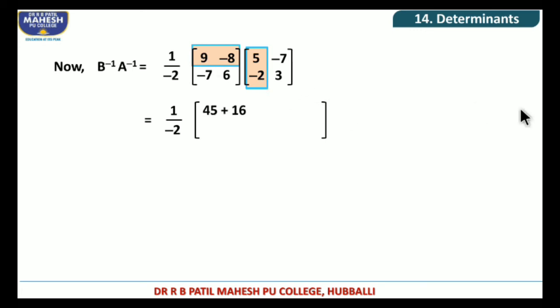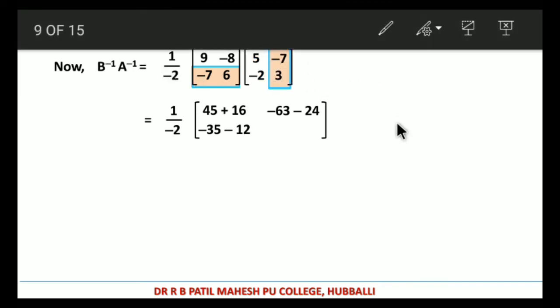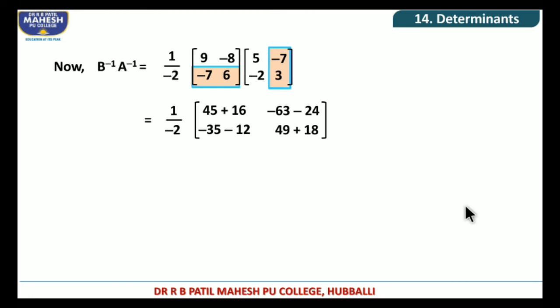Next, the first row and second column: 9 into minus 7 is minus 63, and minus 8 into 3 is minus 24. Next, the second row and first column: minus 7 into 5 is minus 35, minus 12. And next the second row and second column: this is 49 plus 18.